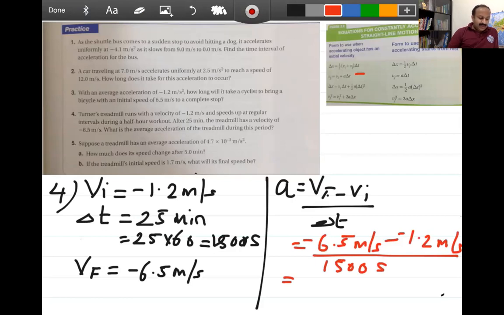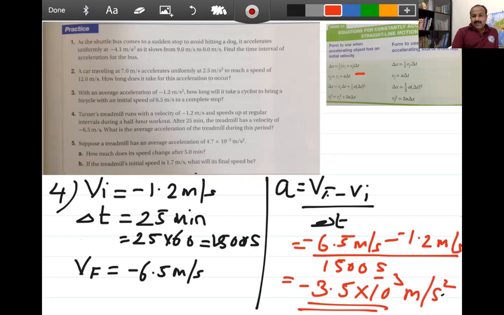So minus 5.3 divided by 1500. Your answer is going to be 3.53 times 10 power minus 3. Since the least number of significant figures included there is 2, you can round this to minus 3.5 times 10 power minus 3, and the unit of acceleration is meter per second square.